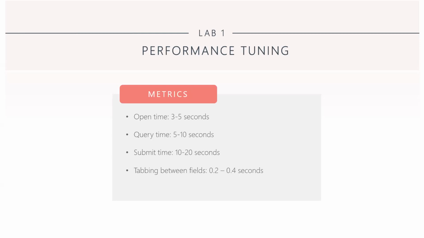So tabbing usually is not an issue with your forms. There are some situations where you do get tab delays if you have thousands of fields that you're displaying, or even hundreds. If you get into the several hundreds and you have rules that run on them, there are problems that come up in those situations, and Joanne will cover those. But in all, the most important thing that we need to focus on is the open time. The other ones aren't that big a deal usually.